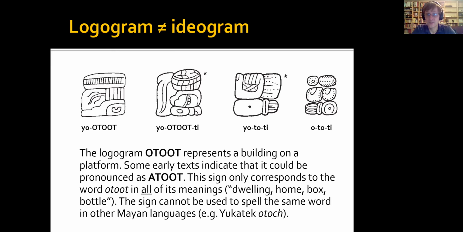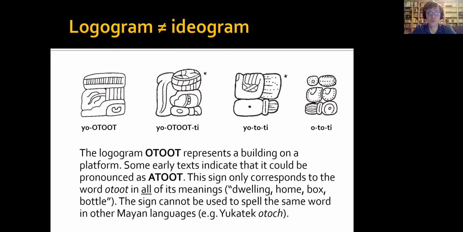As a matter of fact, little changes in pronunciation are possible. So say otot versus atot, you can still use the same logogram. But Yucatecan otoch is never spelled with the otot logogram, implying that that difference in pronunciation was too much.